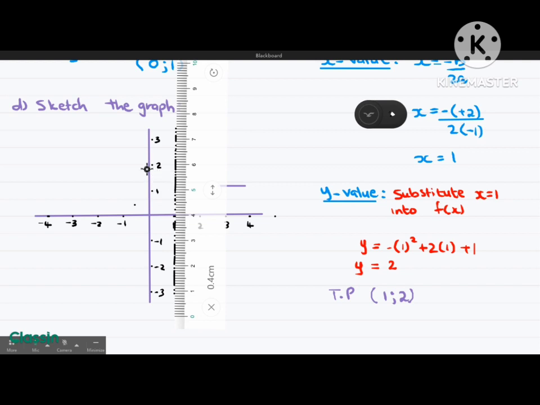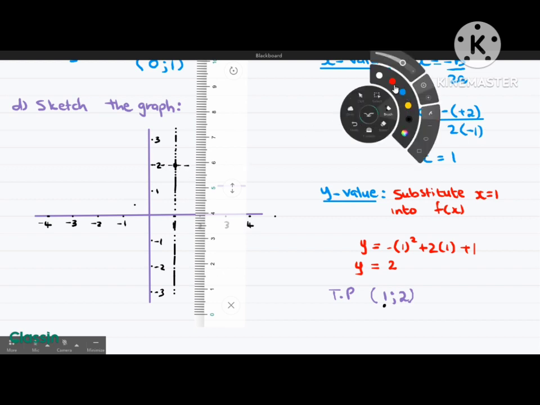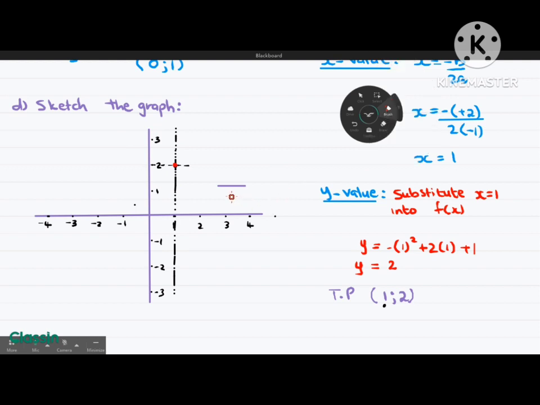But this line is the line that passes through 1, and it must connect with the line on this side. So our turning point will be somewhere there. Let's indicate it in red. So this one will be our turning point. Now, how much is our y-intercept?